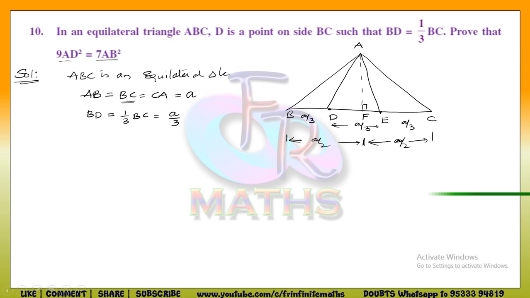Now next, this DF value. So since this part is A by 3, right? So BD part is A by 3 and DE part is also A by 3. Now till here, till F, BF is nothing but A by 2 and BD is equal to A by 3.